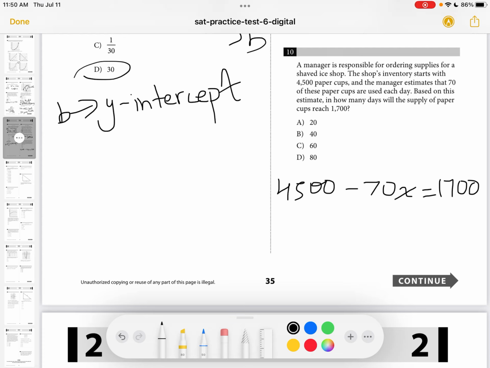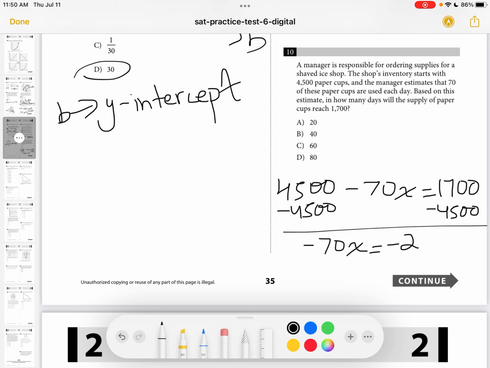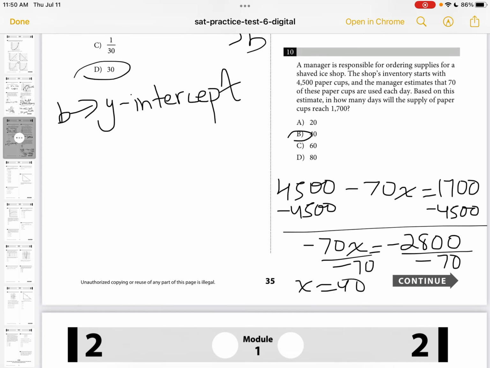I'm going to subtract 4,500 from both sides. We get negative 70x equals negative 2,800. So if we divide by negative 70, we get x is equal to 40. So 40 days will pass. So that's choice B.